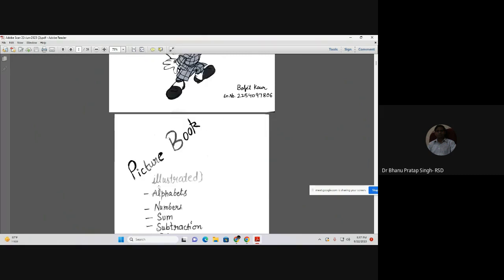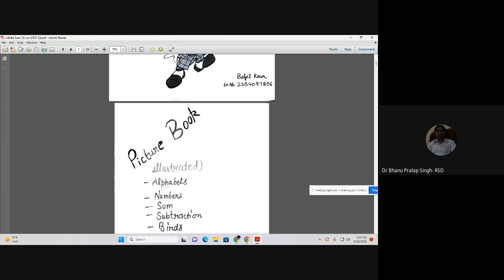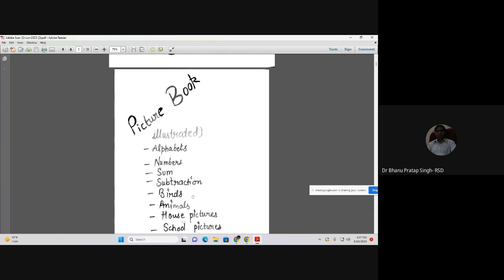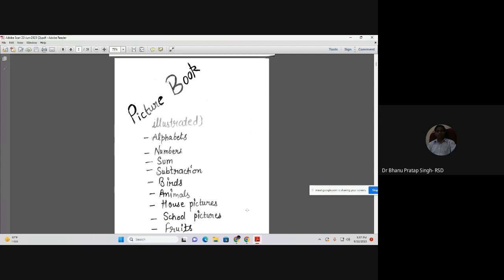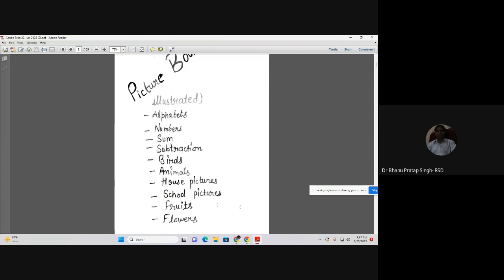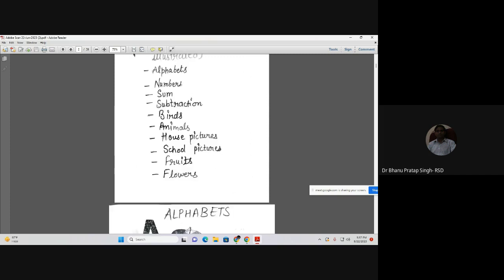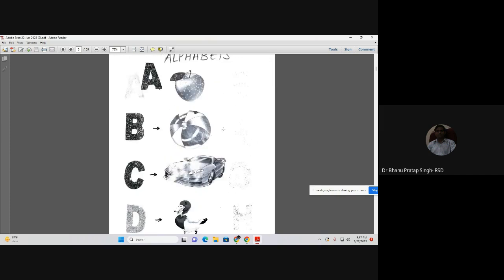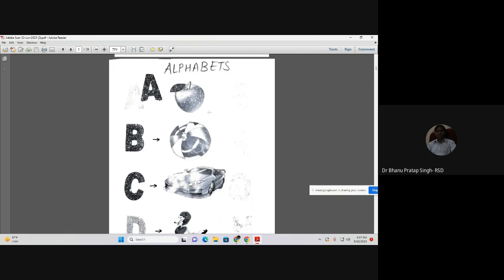In this picture book, she has taken alphabet, number, sum, subtraction, birds, animals, house pictures, school pictures, fruit, flowers. This is a picture of the alphabet, but here I have one suggestion.